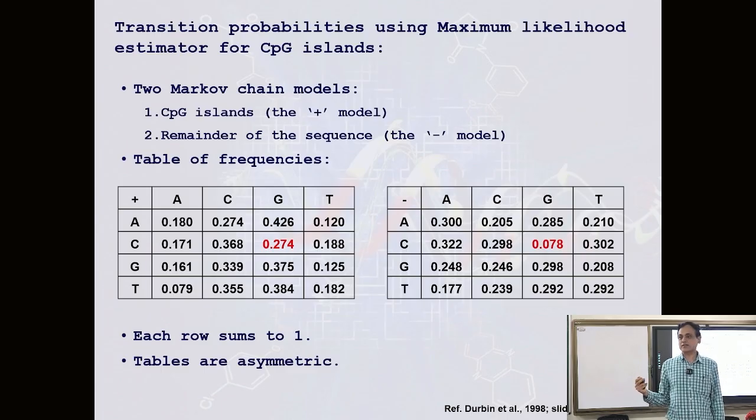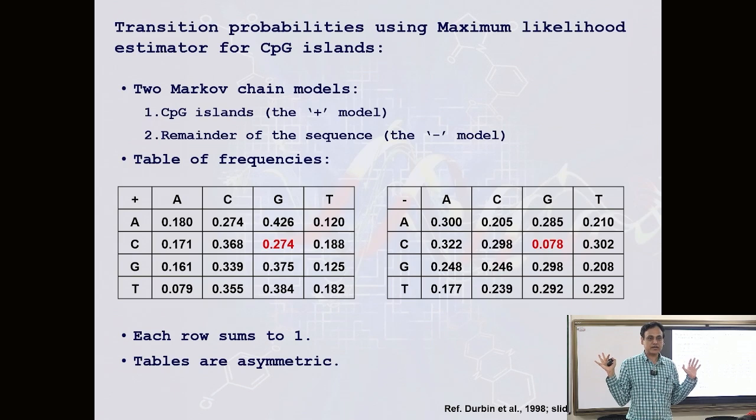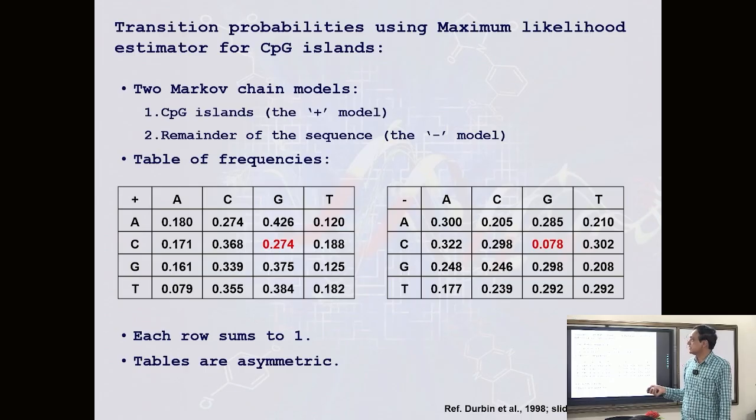You would expect that for the non-CpG model, which was trained on non-CpG sequences, this probability should be substantially less than what you are observing in the CpG model, right? And that is shown here. That probability in the non-CpG sequences is 0.078, substantially less.